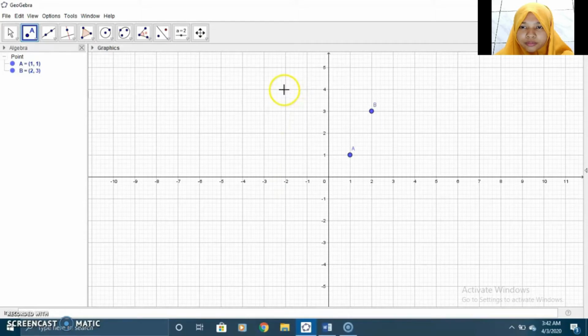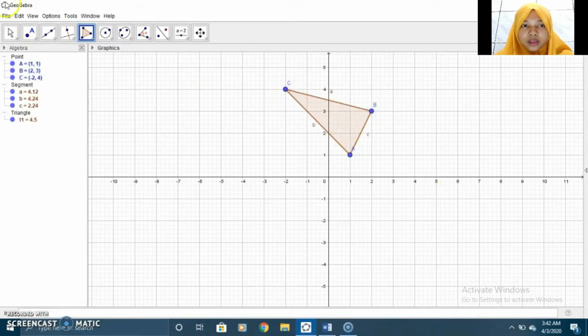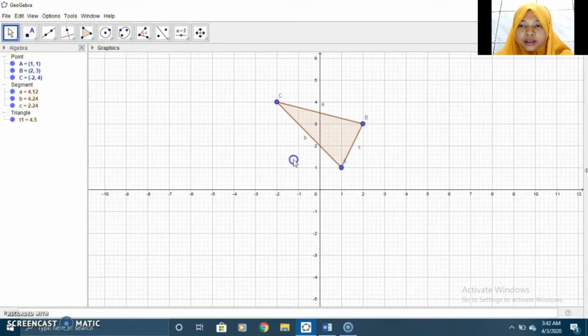Then we have C. After we have each point in triangle ABC, now we can make triangle ABC by clicking this polygon and clicking A, B, C, and back to A. Then we have triangle ABC.